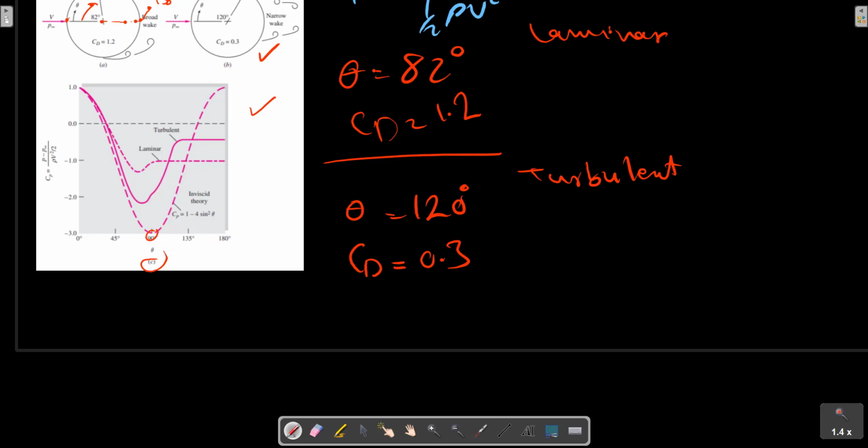This explains the sharp drop in drag at the transition from laminar to turbulent flow. The same sharp difference between vulnerable laminar separation and resistant turbulent separation can be seen for a sphere also here.